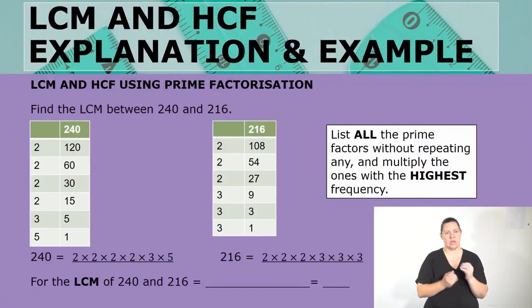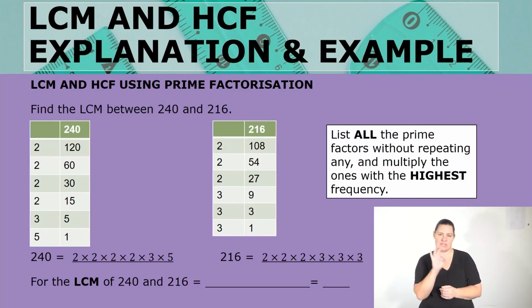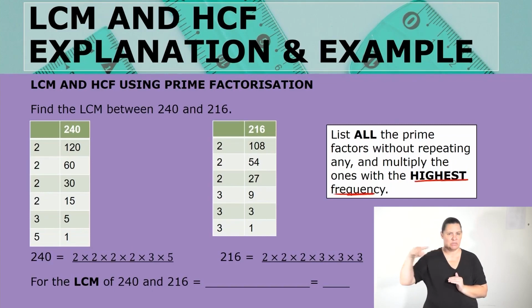Lastly, let us find the lowest common multiple. So the lowest common multiple, we've already written our numbers as their prime factors. Now, how do we find the lowest common multiple again? We are going to look at every factor, the 2, the 3, and the 5. And then we are going to take the one with the highest frequency.